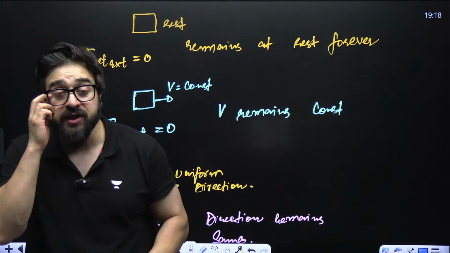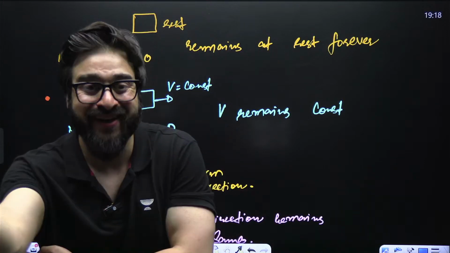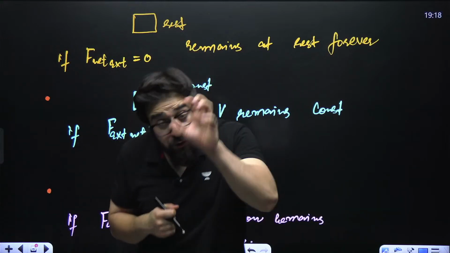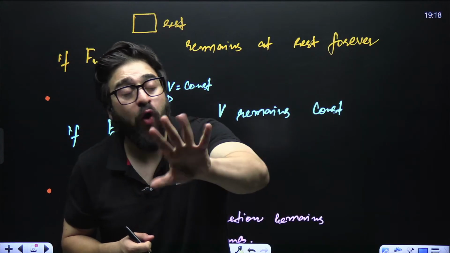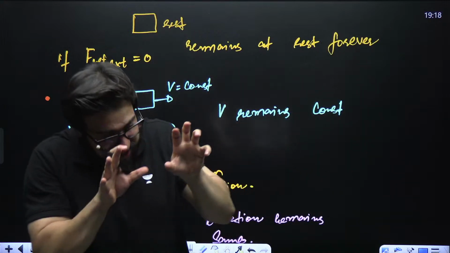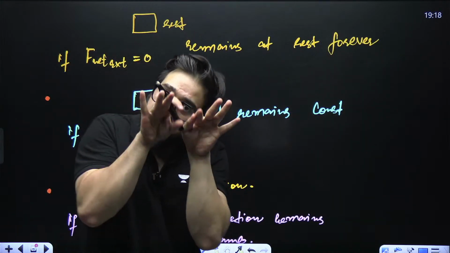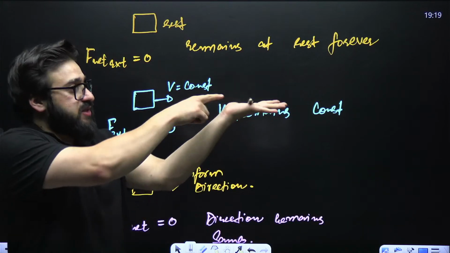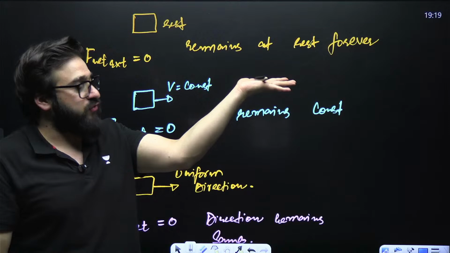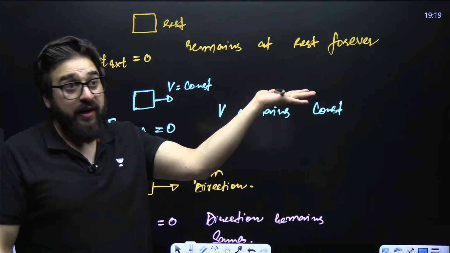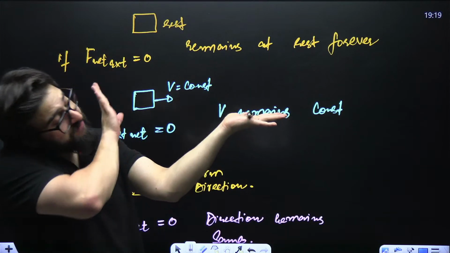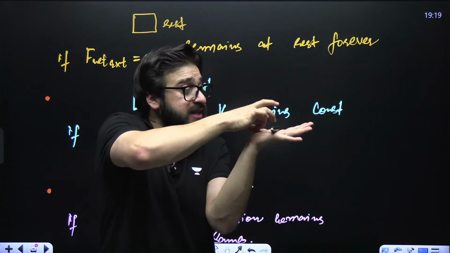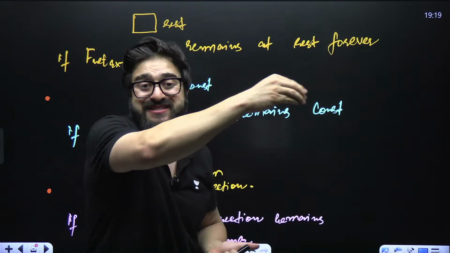Basically, Newton's first law of motion talks about inertia. Inertia is a property of a body due to which it does not want to change its state. If it is at rest, it wants to remain at rest only. This marker is at rest right now, and because of inertia, it will want to remain at rest until and unless some person applies some external force that displaces it.